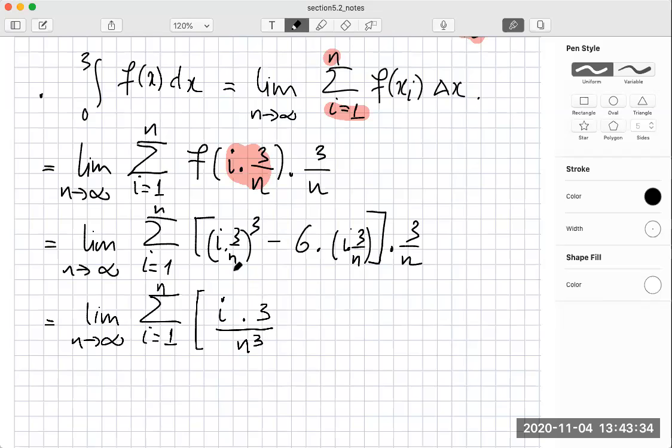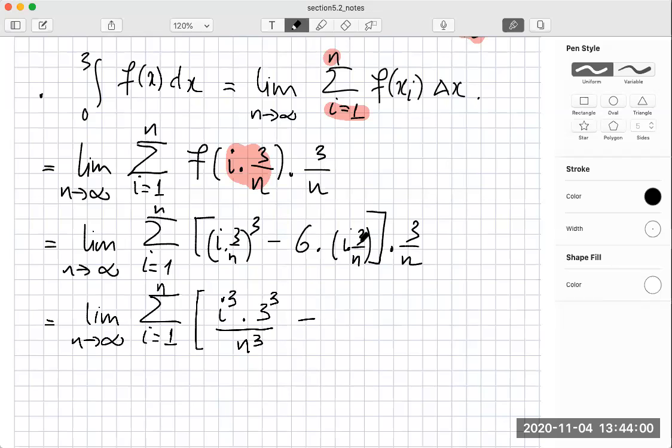The denominator is n, right? The numerator is raised to this power, and the denominator will also be raised to this power. So what is it here? Which number should I write here? Yes. And here? Perfect. Right.